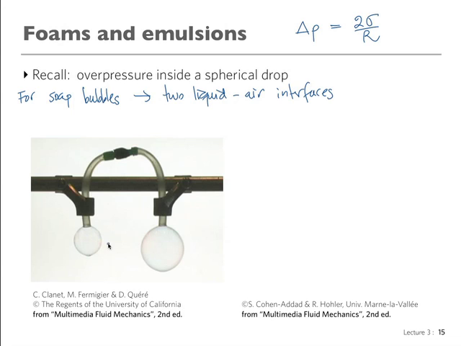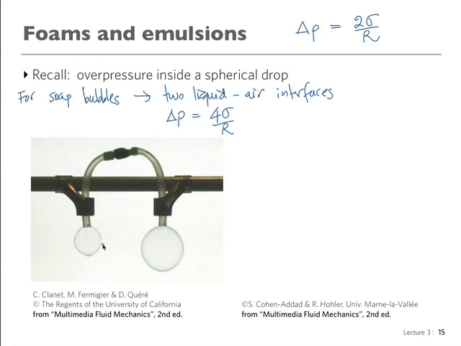So you have air, water for a very thin layer, and then air again, right? So there's 2 interfaces. And so for the case of soap bubbles, the inside of the soap bubble is sealed from the outside atmosphere, and delta P is going to be 4 sigma over r, because we have 2 interfaces, okay? And we consider the film of water to be very, very thin. It is, in fact, very, very thin.